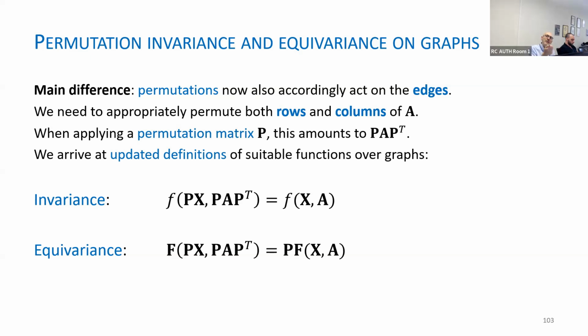For equivariance, as in the case of points, when we apply this permutation, the same permutation is applied to the result. So the output is permuted in the same way. In the first case, we have permutation invariance; in the other case, we have permutation equivariance.